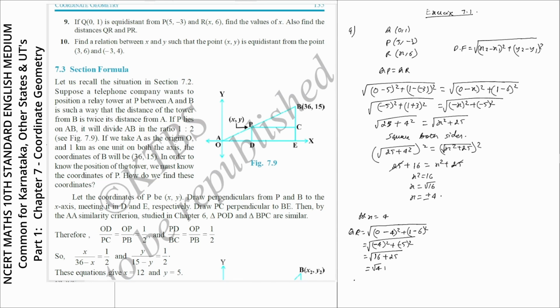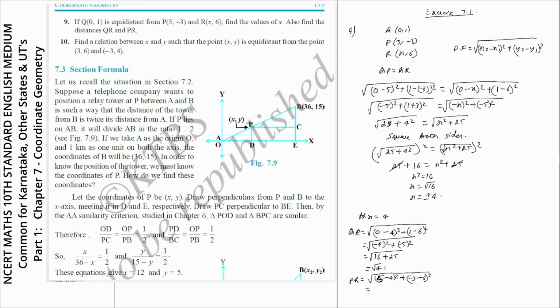Now what is PR? PR is given by square root of 0 minus 4 the whole square plus... okay, P, I am taking P, so this is 5 comma minus 3. So 5 minus 4 the whole square plus minus 3 minus 6 the whole square.